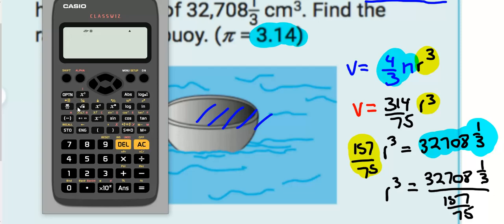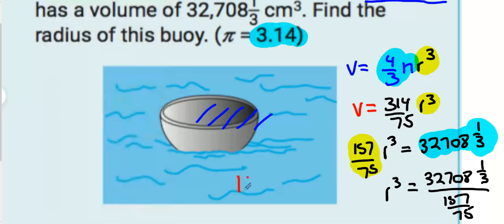You press the fraction button at the start, then you press shift fraction button again. This creates what's called the mixed fraction. 32708. And then you do 1/3. And then underneath, what you put underneath? Yeah. And you should be getting 15,625.